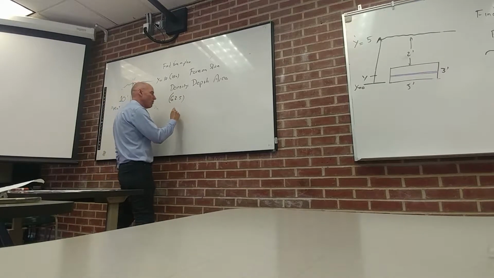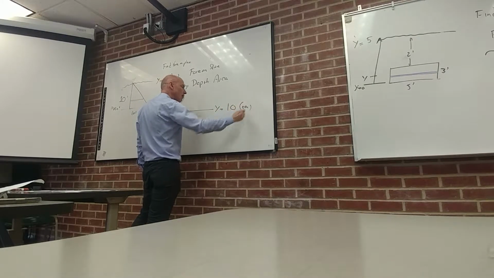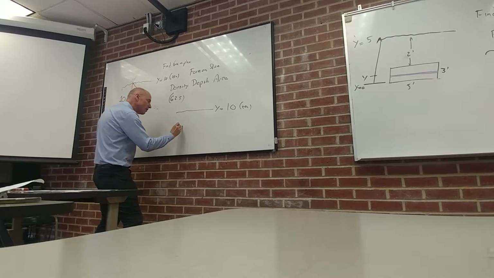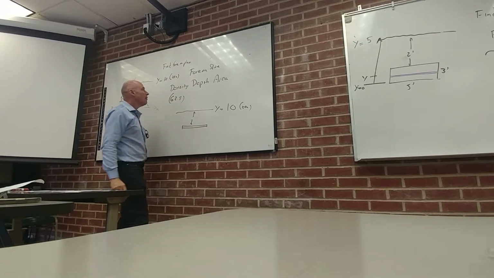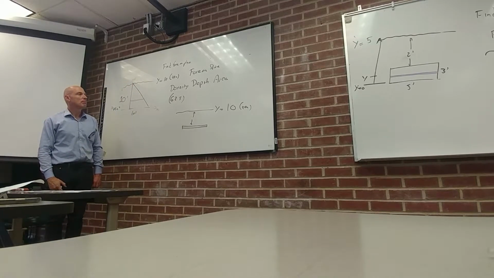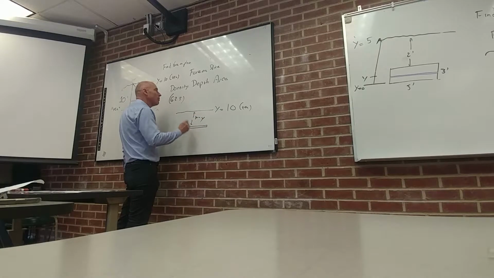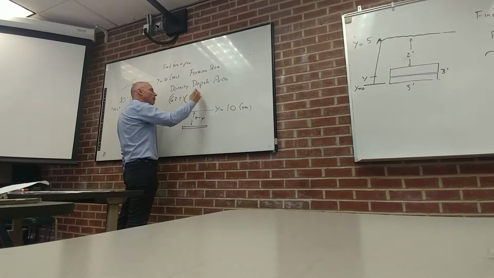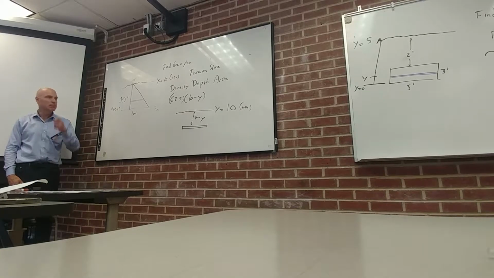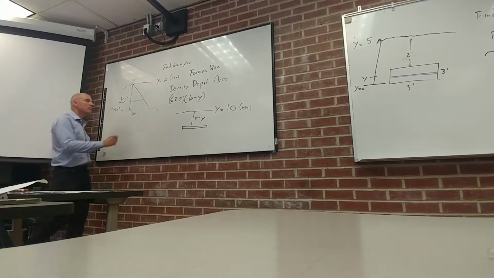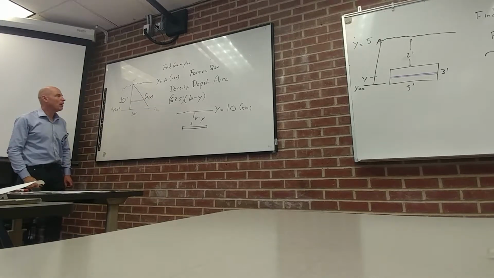Actually, let's draw a picture here. That's y equals 10. Here is my slice. So what's the depth here? That's why I have you find the water level second, because the depth is always water level minus y. And this is a generic x, y point here.